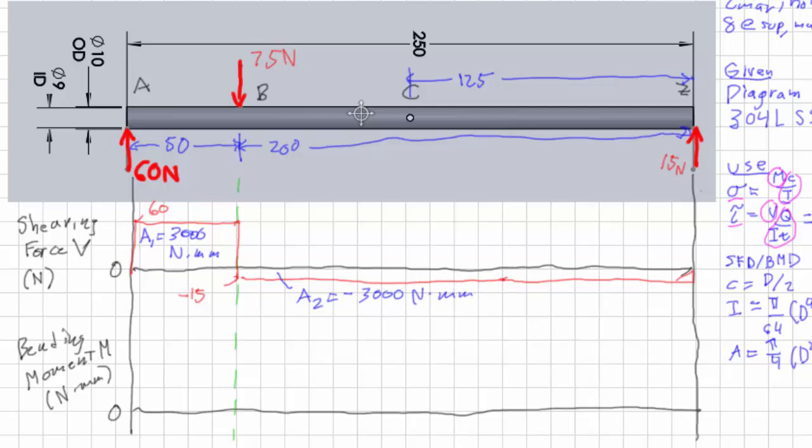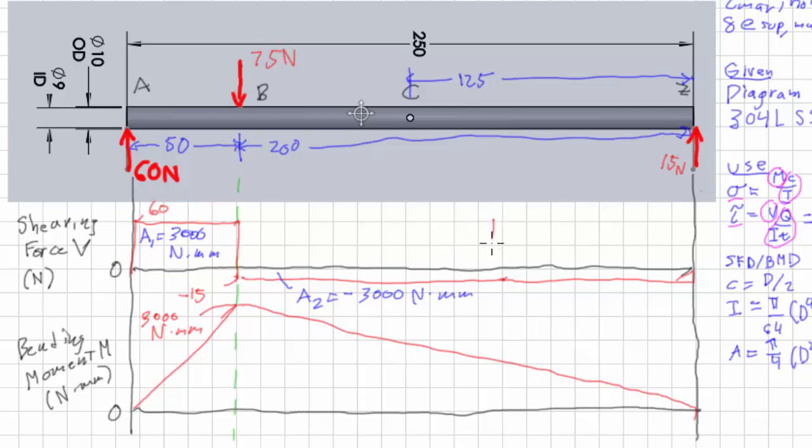Okay, to finish off with the bending moment diagram, that becomes fairly simple. It steadily goes up linearly, and then it goes down in the same fashion with a height of 3,000 Newton millimeters.